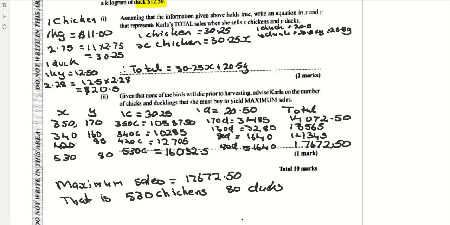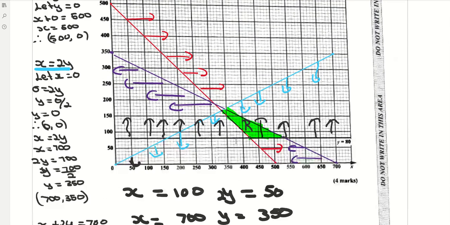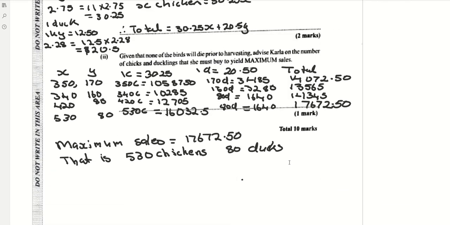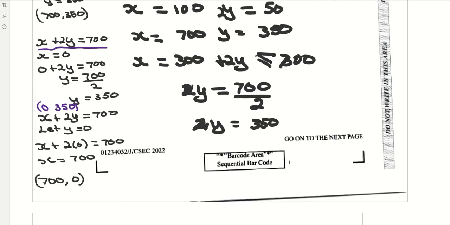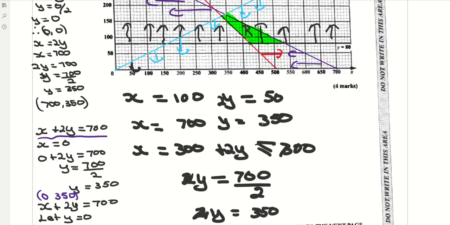Then we have 420. Where did I get 420 from? Here. This is 420. x is 80. And when you go down this region here, you'll get 5, how much is it? 540 or 530. When this coordinate here is 530, y was equal to 80.